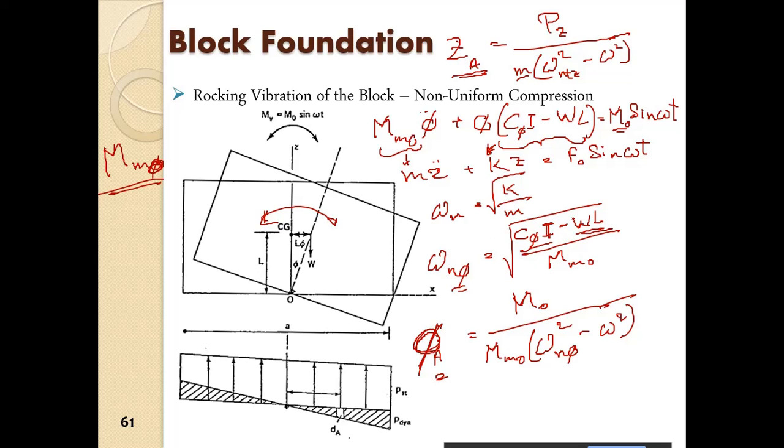So WL we can neglect, though it is there. In that case we can approximate this natural frequency to be root over C phi into I by the mass moment of inertia.